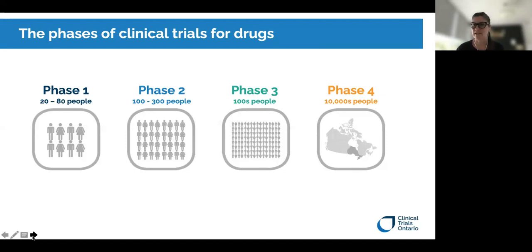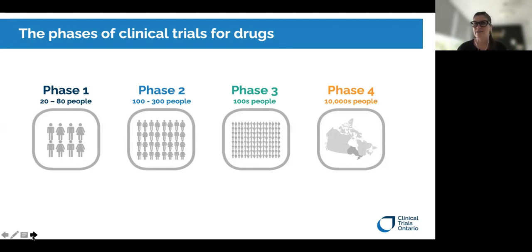If the intervention does continue on in the clinical trial pipeline and makes it to phase 3 studies, you'll sometimes hear these called randomized controlled trials. And that's generally when you're looking at 2 interventions compared to each other. So for example, if there's a standard of care in the disease area, it might be this new intervention against the standard of care.